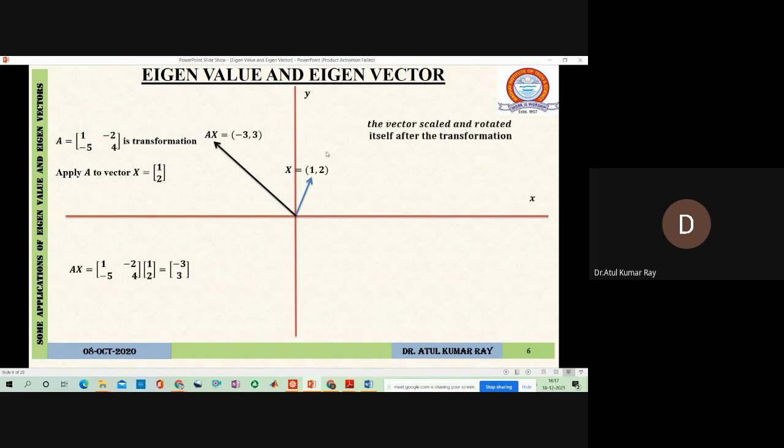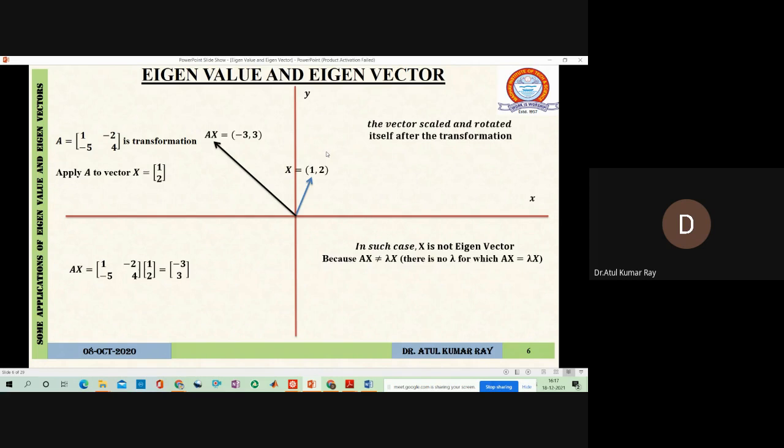So in that case, can I have that lambda? No, absolutely not, because we cannot have the form Ax equal to lambda x here.